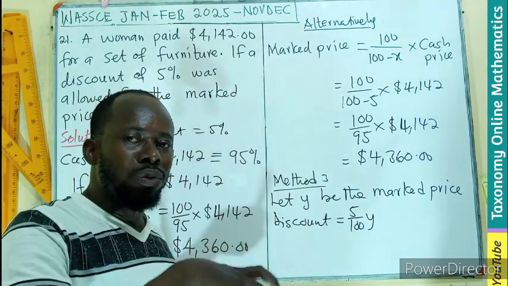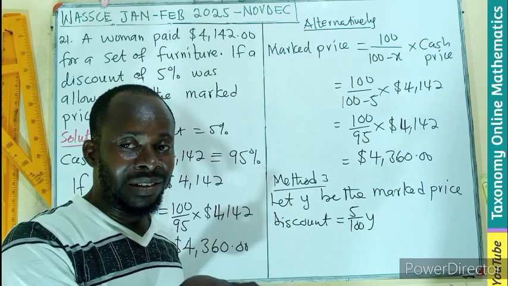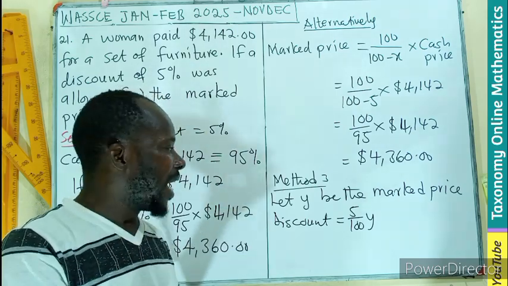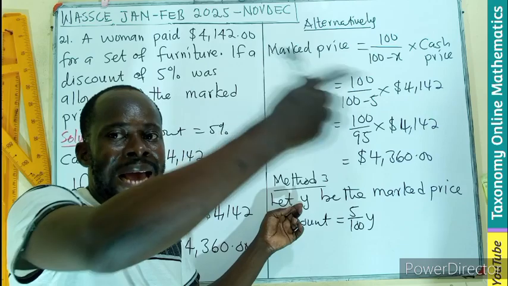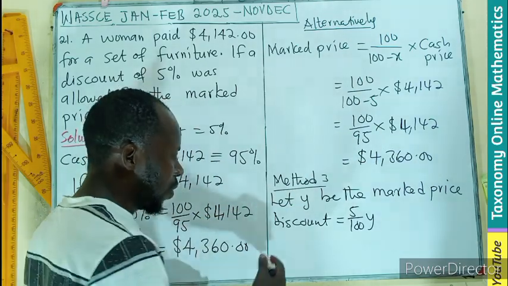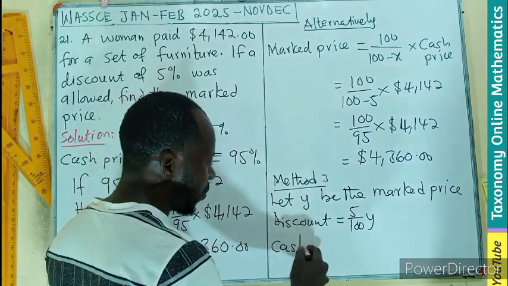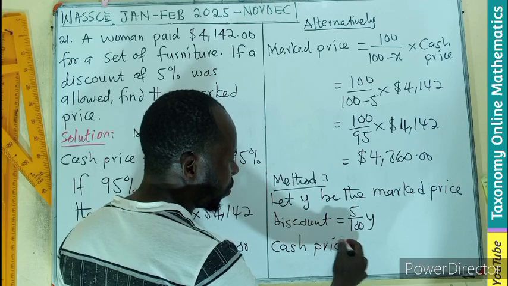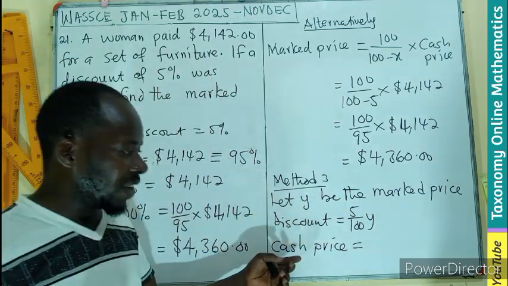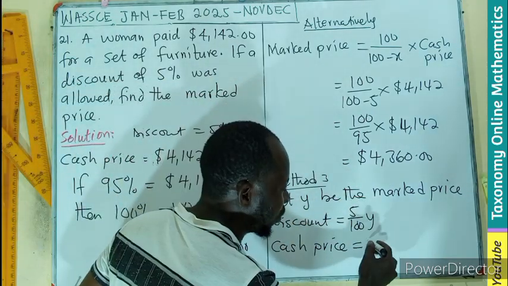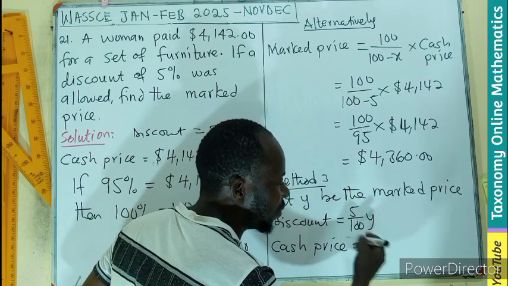Then we also know what the cash price is. The cash price is the mark price minus the discount. So we know cash price equals mark price, which is y, minus the discount.